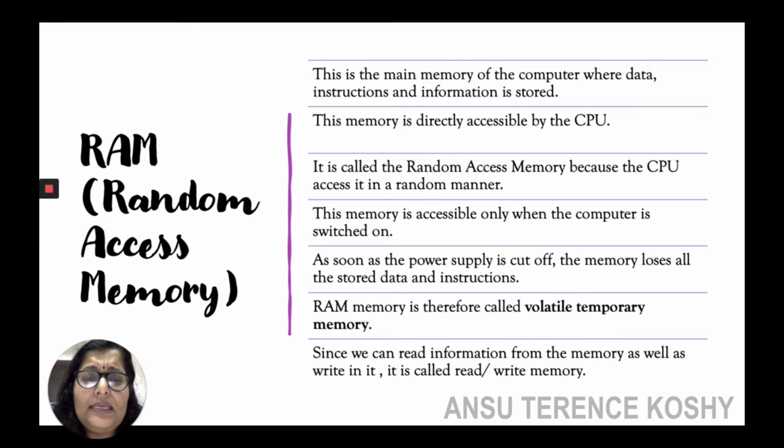RAM is therefore called volatile temporary memory. This memory is basically used for storage of temporary purposes. So anything that you store should be saved properly, otherwise, you will lose the data.